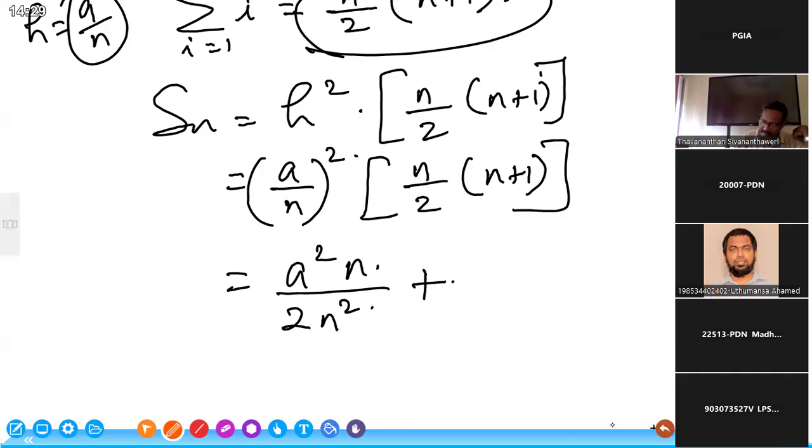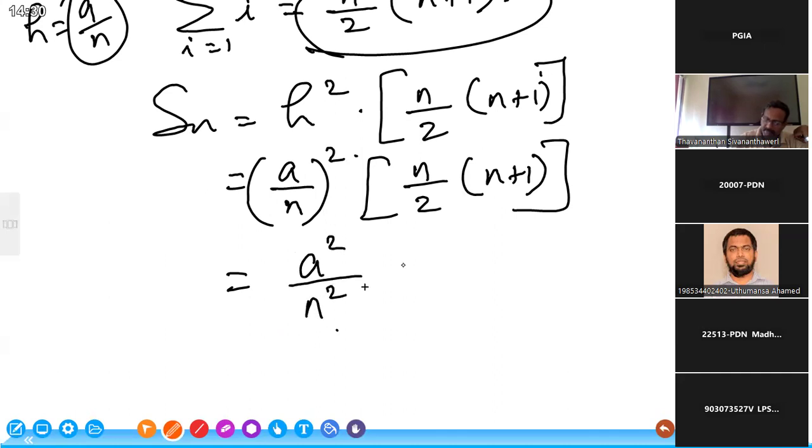we will multiply this, not at once, we will do it step by step. So that is easier for you. So this is a square by n square, n square by 2 plus n by 2.